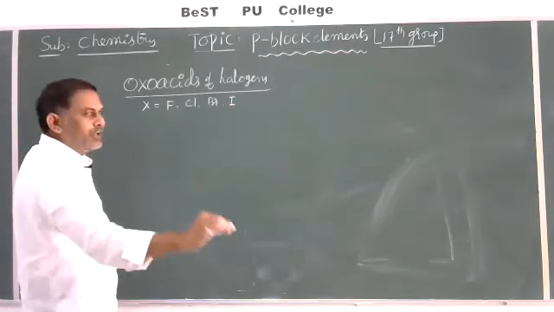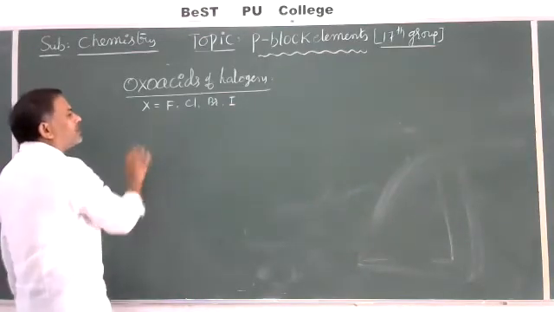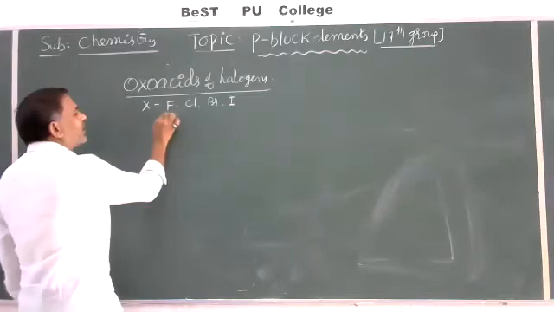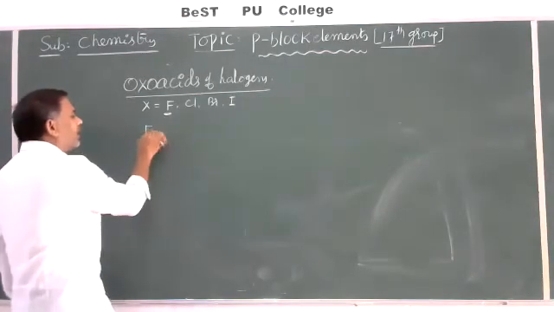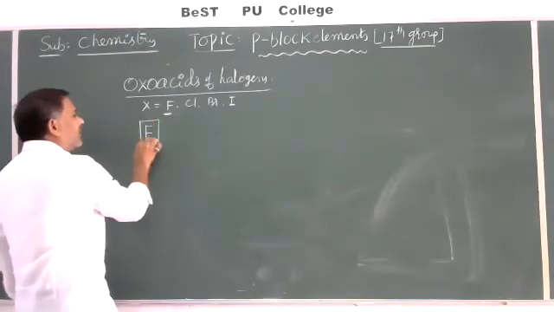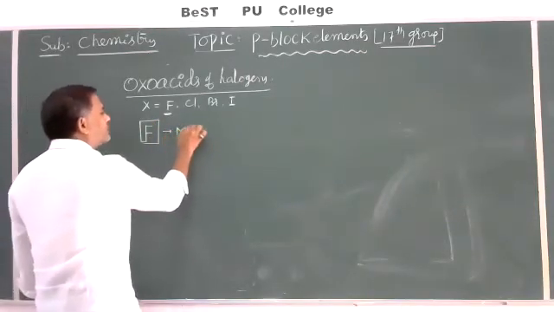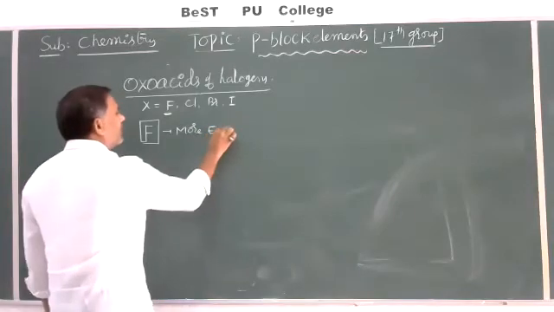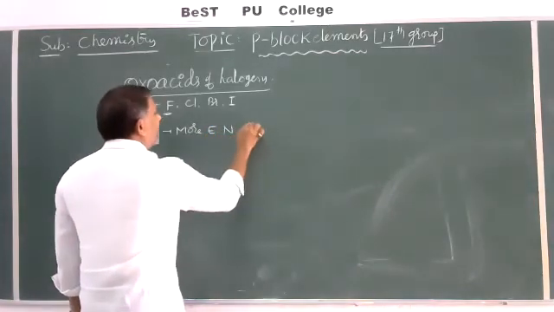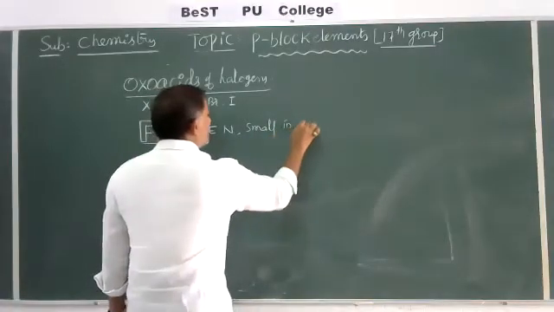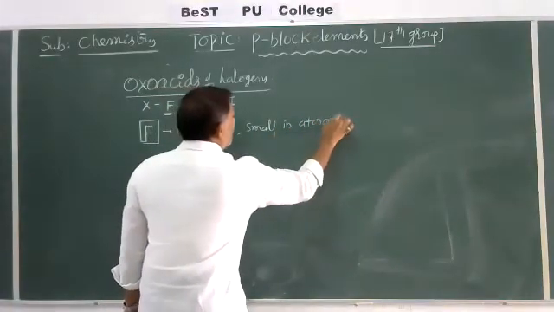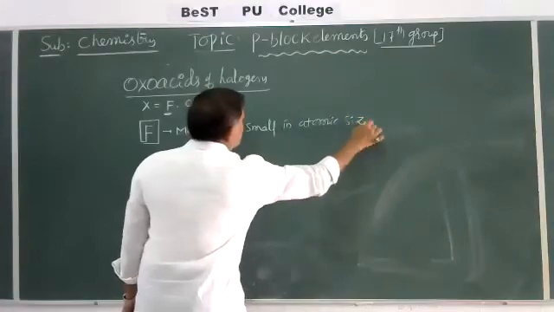Astatine is a radioactive element. Among these, fluorine is the most electronegative element, and it is small in atomic size.